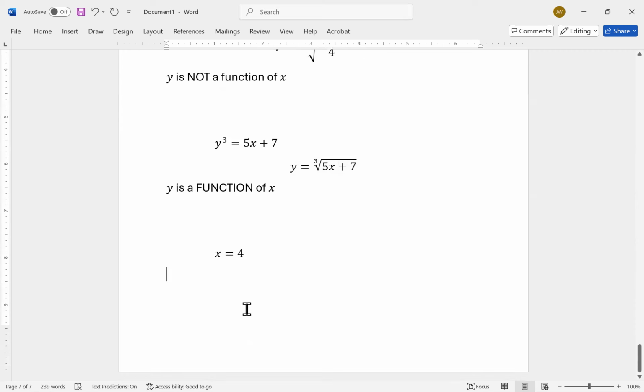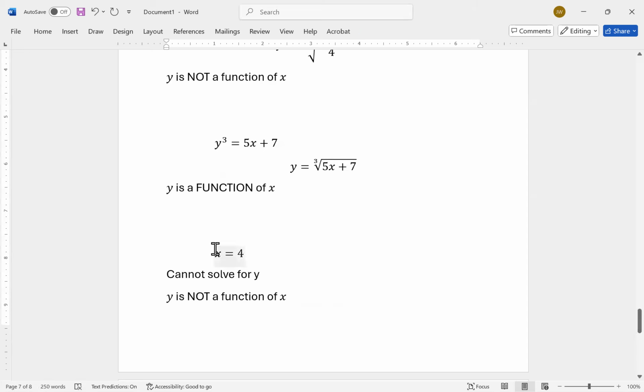What about this one? Well, in short, I cannot solve for y. Since I can't solve for y, y is not a function of x.